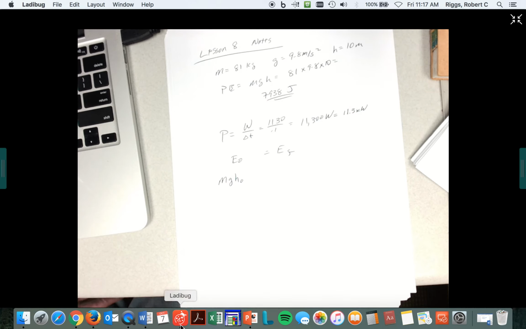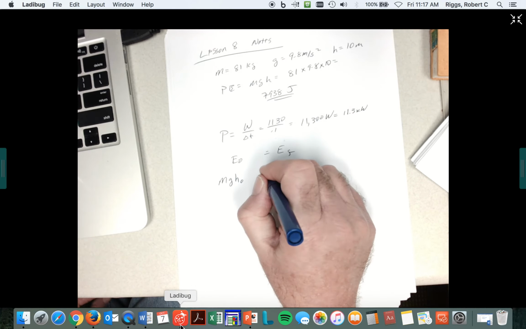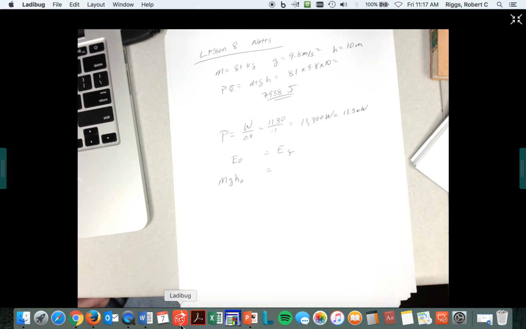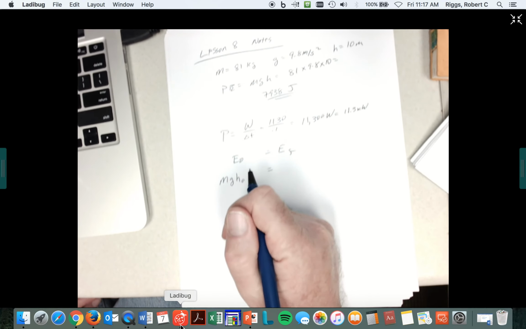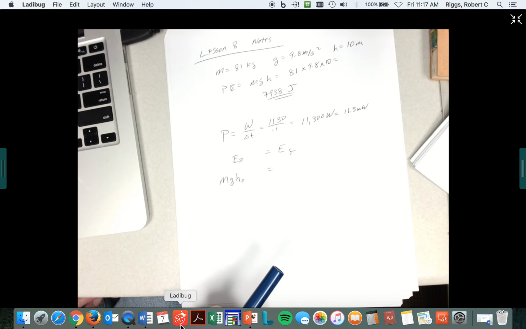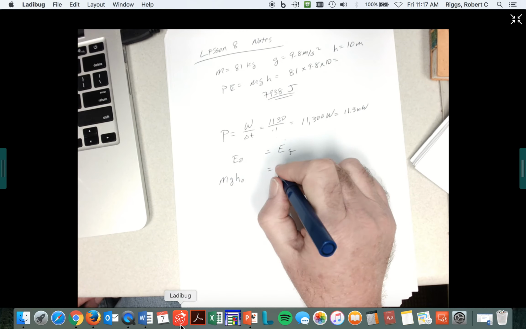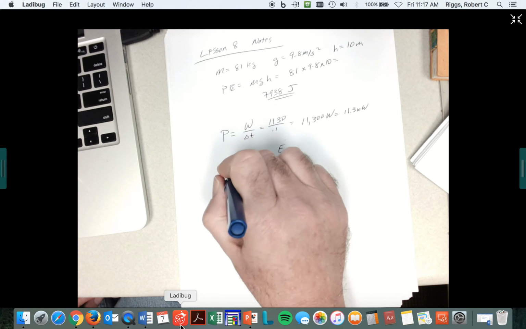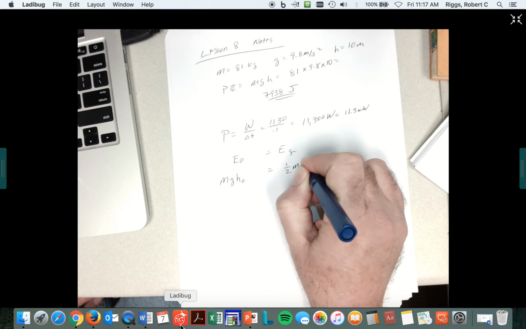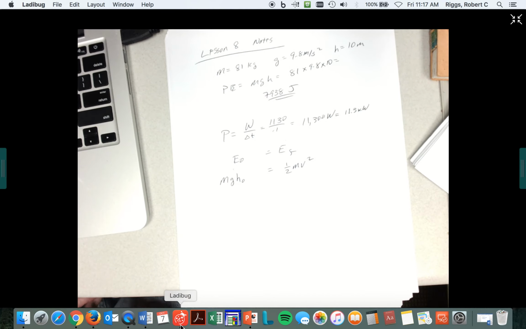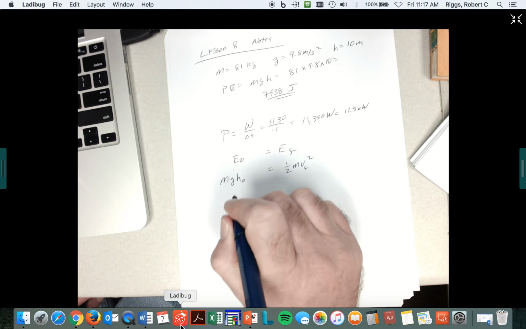So that's his initial height. Then he jumps, bang, and smacks the water. He's got a velocity when he hits the water. Aha, remember that kinetic energy? All this potential energy is now converted into kinetic energy. So that's his final velocity.